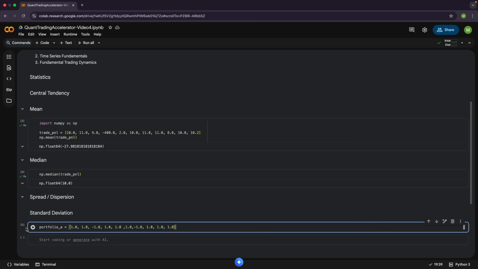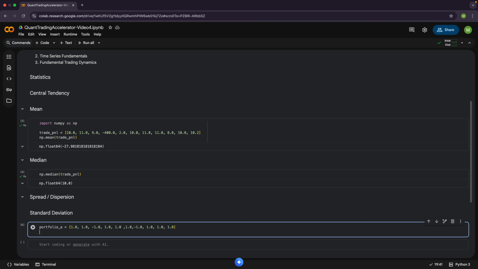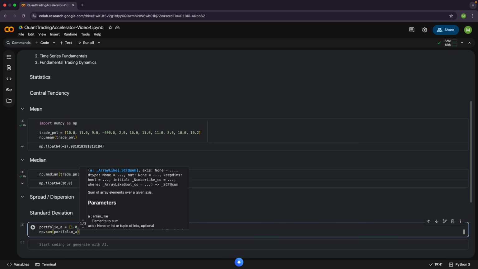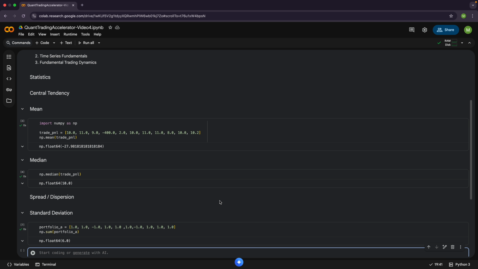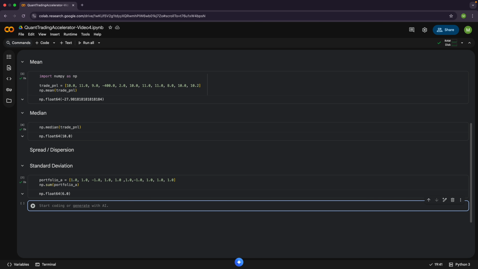Okay, so here's portfolio A, and these are trades. If we sum them up, we'll see portfolio A has made $6.